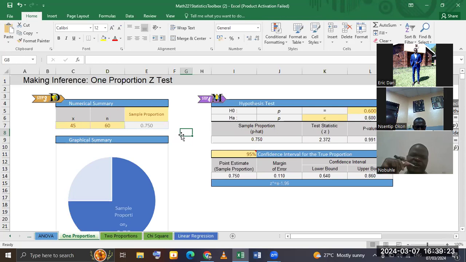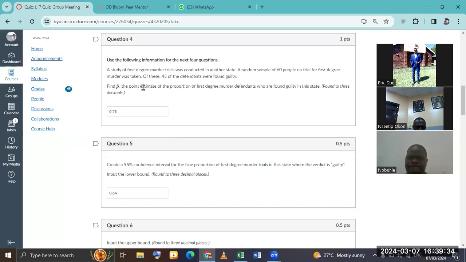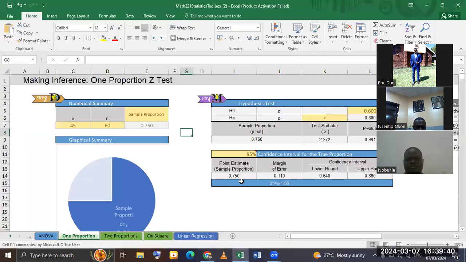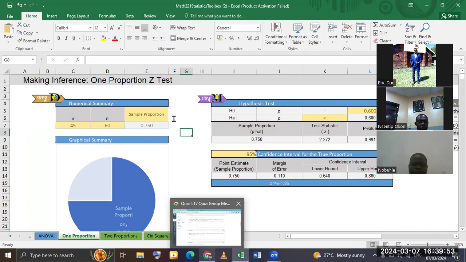And then they're asking for the point estimate, right? Yeah, they're asking for the point estimate of the population. So when we check this one, this is the point estimate: 0.750. Okay, so that's how I was able to find this one.